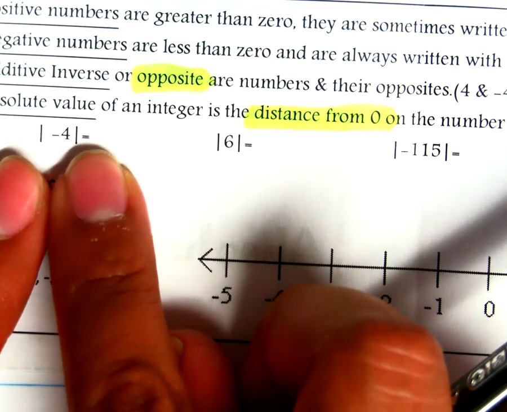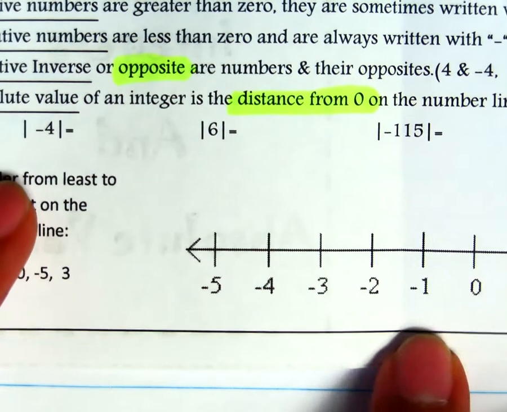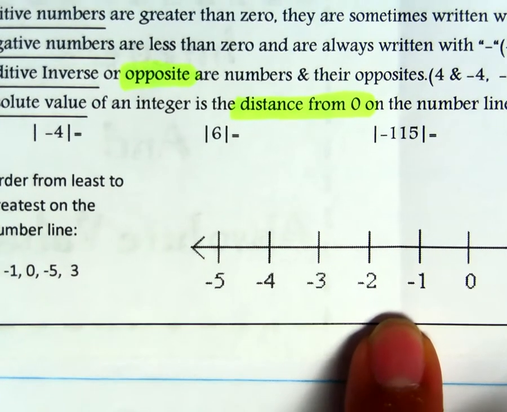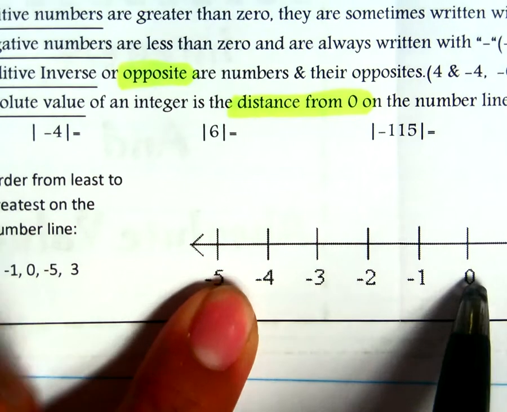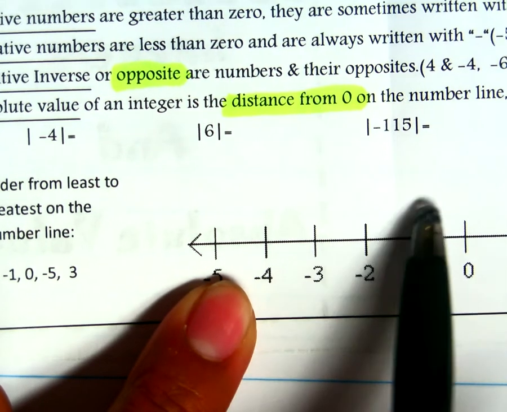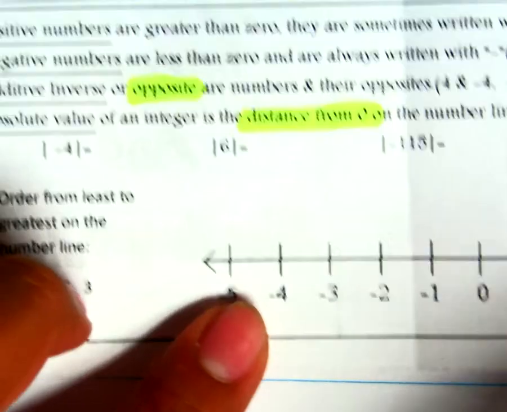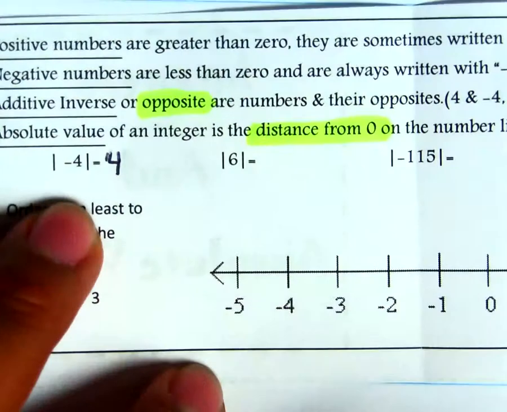Do you guys see the lines? So absolute value of negative 4 means we're going to look at the distance. So how far away is negative 4 from 0, right? If we count, it's 1, 2, 3, 4. So the absolute value of negative 4 is just 4.